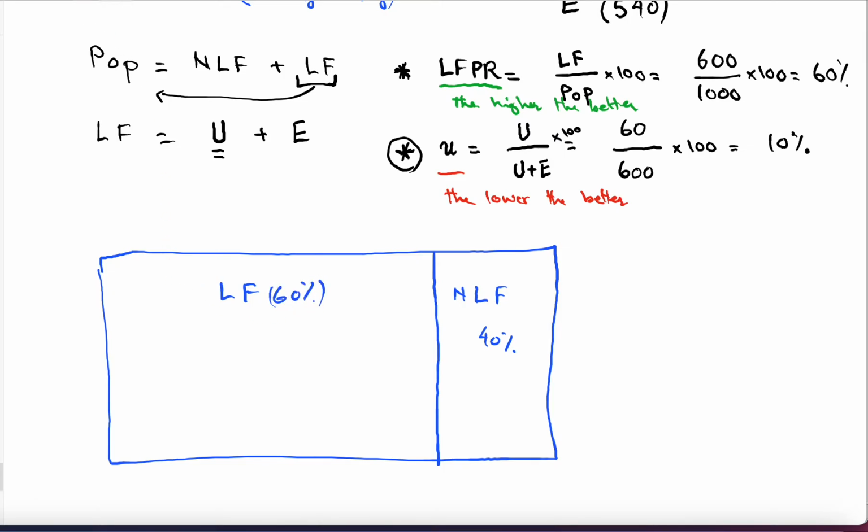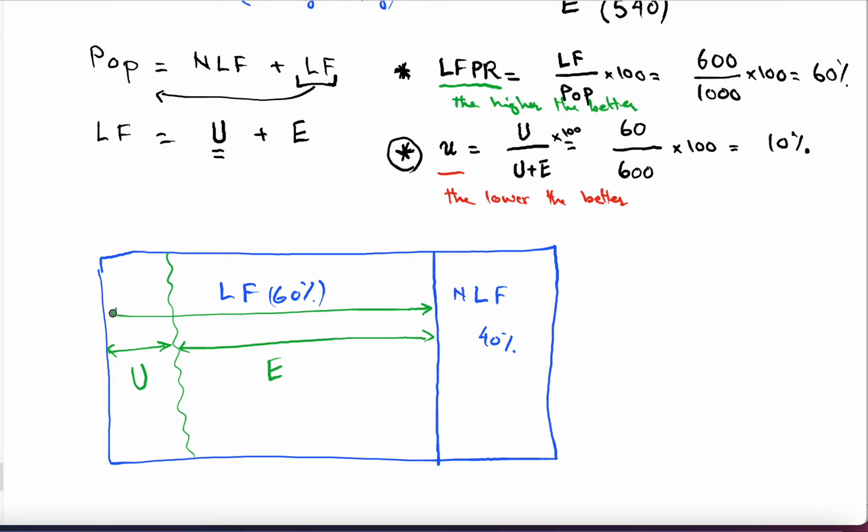And then a fraction of this is unemployed and the remainder is employed. So you divide this over the whole thing from here to here, if it is a line showing the percentage.